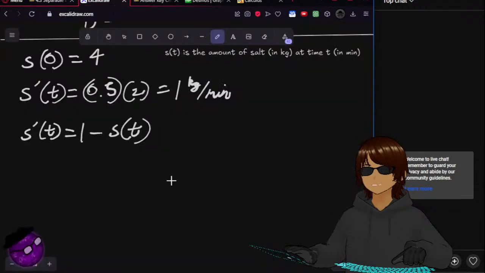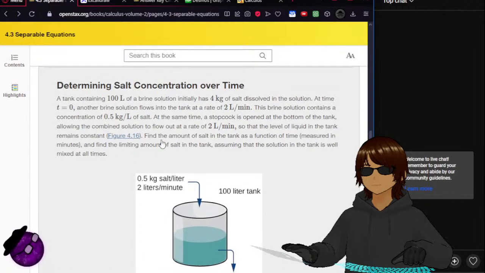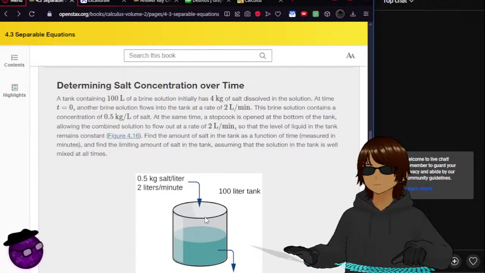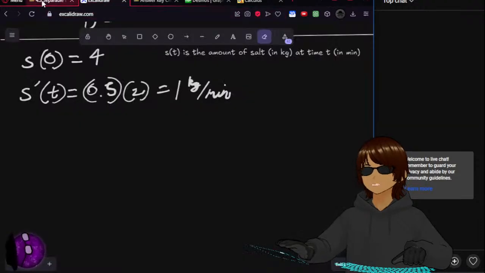Oh, I see. 100 liters. This is the amount of salt.